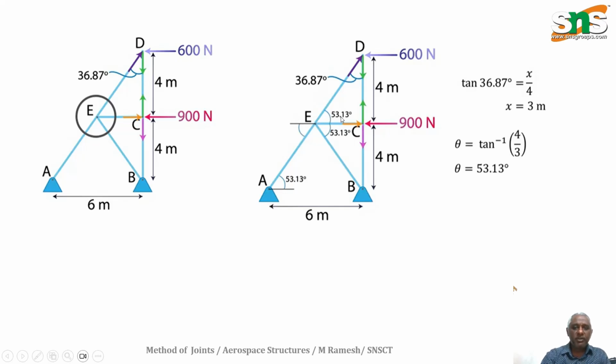How does it come? We know that this is 4 meter, and it is also 4 meter, so it is equally distributed. If you just draw the line, it will be a bisector, so the angles are equal. So 53.13 here, and here also 53.13. Now the angle of inclination associated with the members at E, everything we found out, is 53.13 degree.